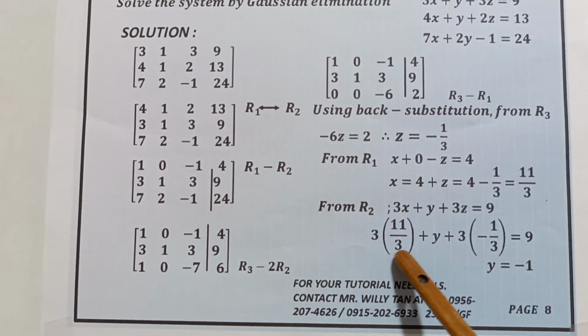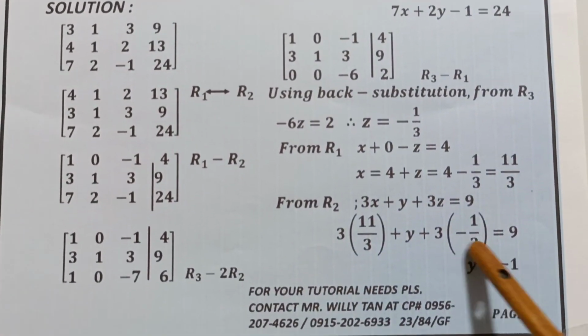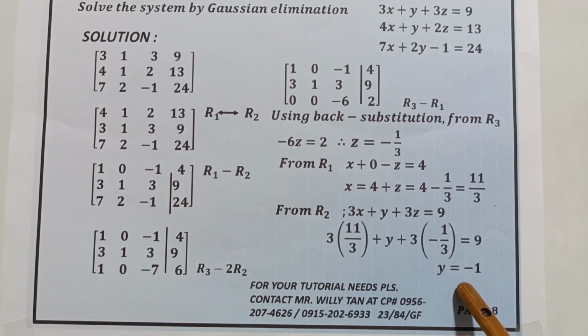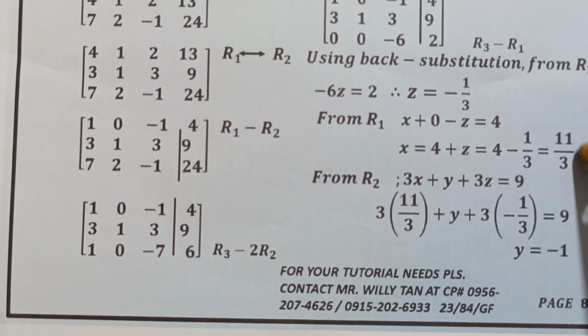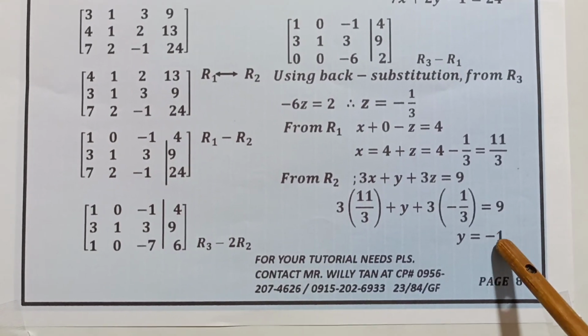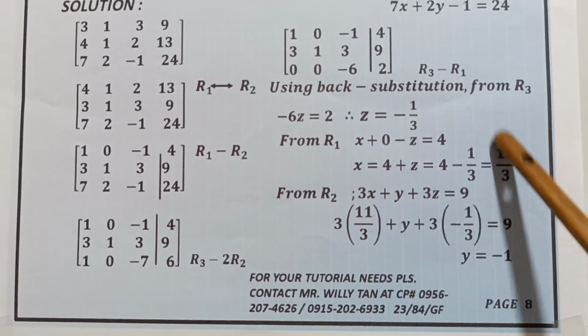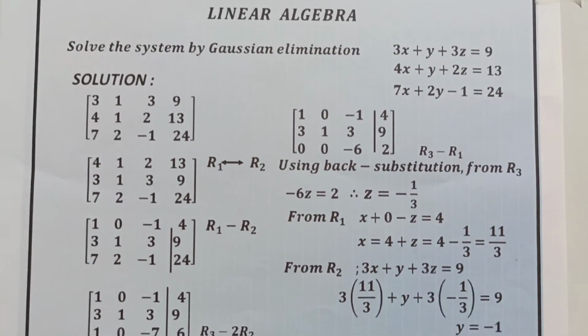So solving for the value of y, simplifying the equation, we get y is equal to negative 1. So the value for x is 11 over 3, y is equal to negative 1, and z is equal to negative 1/3. So that's how we apply the Gaussian elimination method.